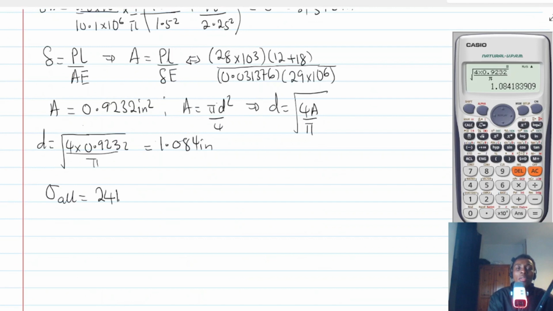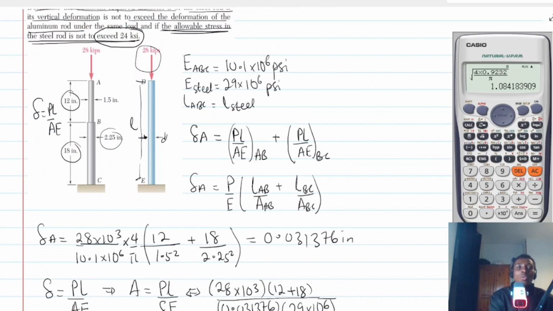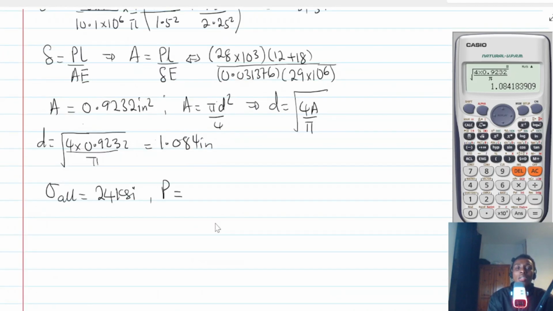As for the load, under the same load, that is 28 kips.